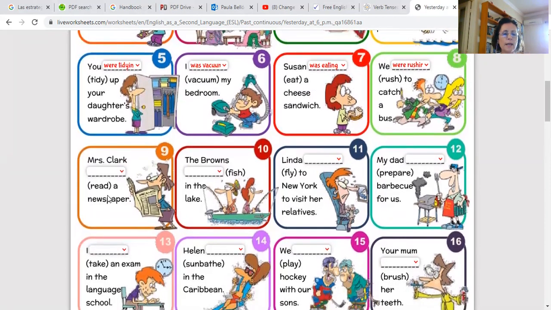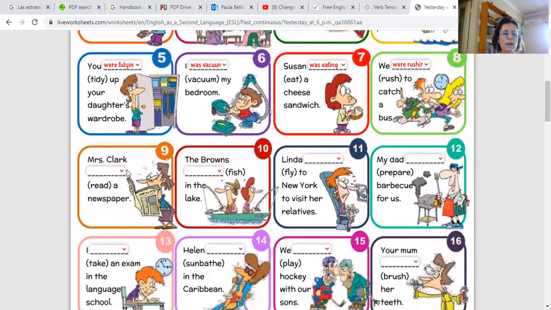What was Mrs. Clark doing? Mrs. Clark was reading. Yes. The Browns, plural, 2 people. The Browns were fishing. Yes, we were fishing.